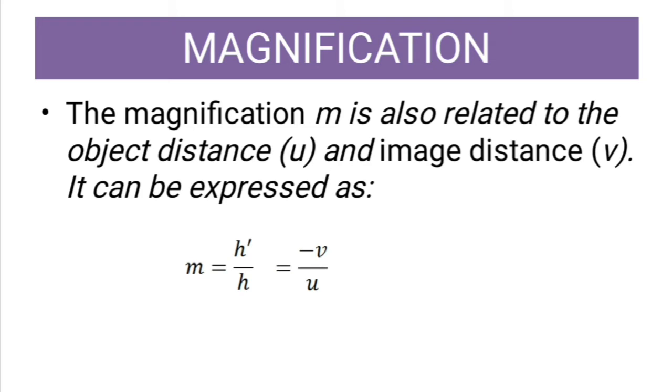Why negative? Because while substituting numerical values, either the image distance or the object distance is generally negative, and magnification can never be negative. So just to nullify the negativeness, we use the minus sign.